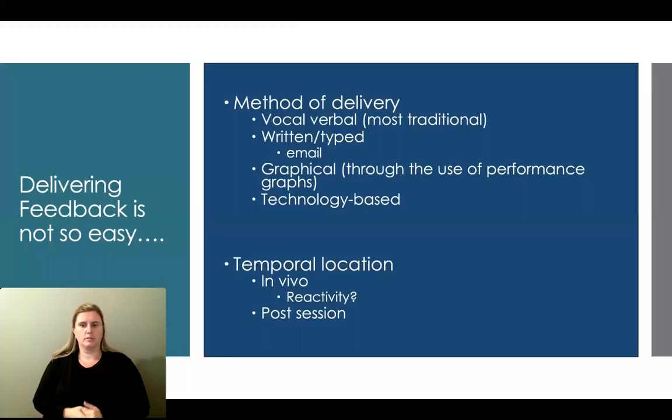We can always use graphical feedback, in which a graph indicative of the peer educator performance can be explained, and in most occasions, this type of feedback, as well as written feedback, is done in combination with other methods of feedback, such as vocal verbal.